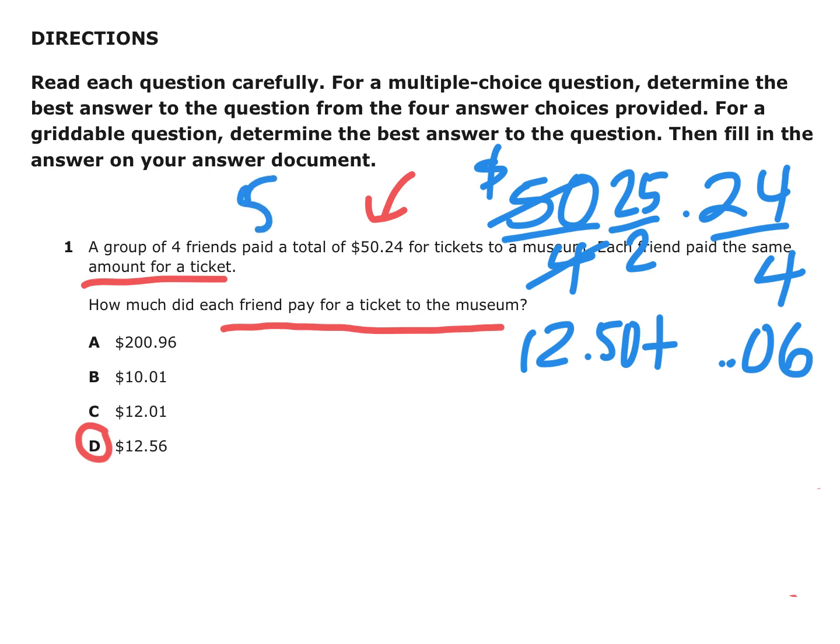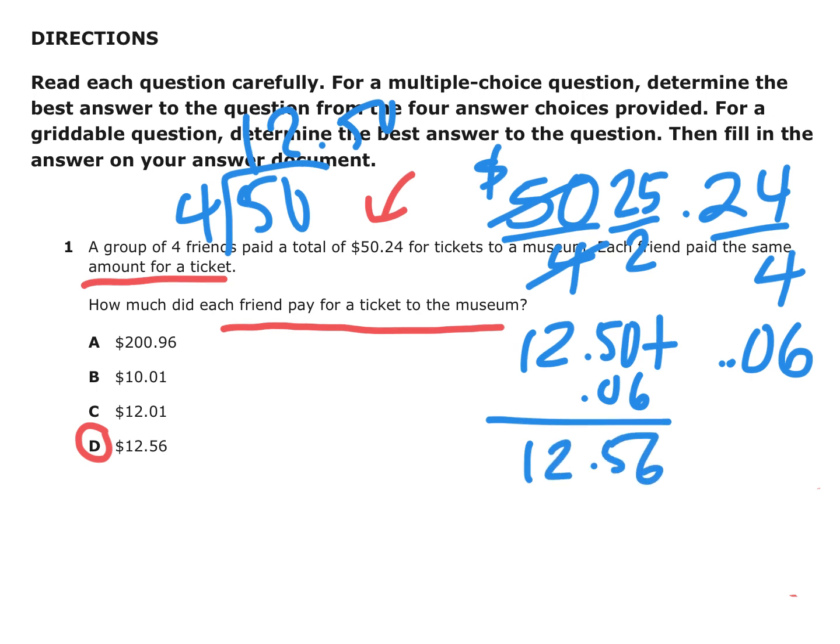But remember, there was 24 cents divided by 4. That's 6 cents. So when you add the 12.50 plus the 6 cents, that will give you $12.56. So it's another way of checking your work. The correct answer here was $12.56 for number 1.